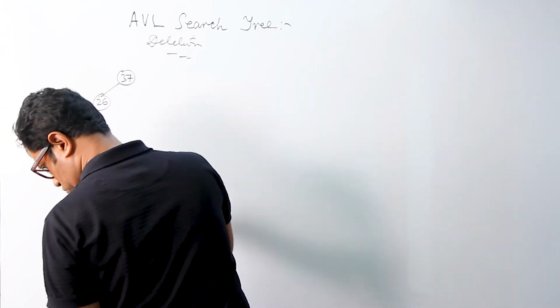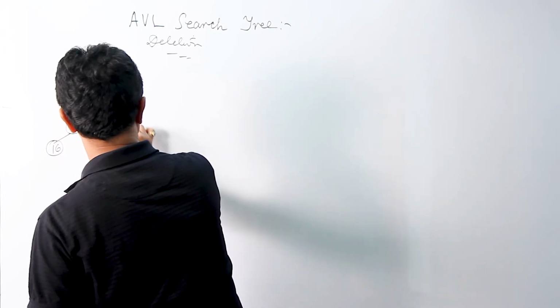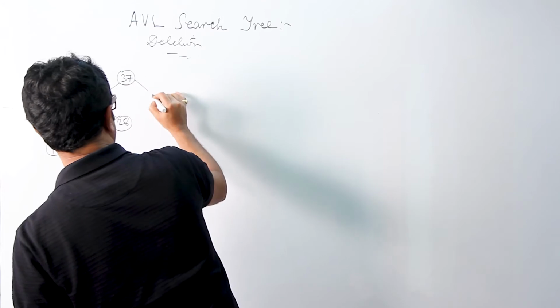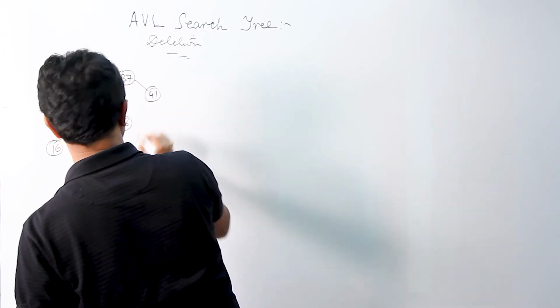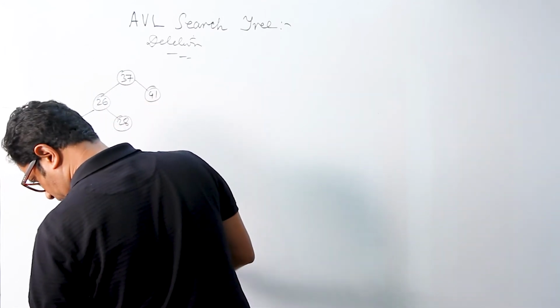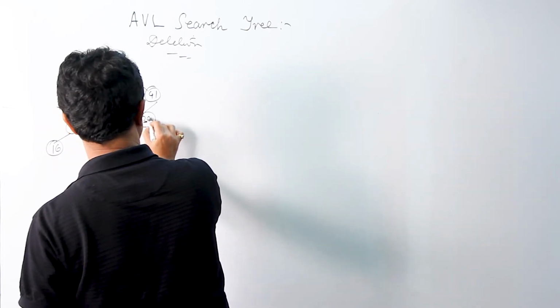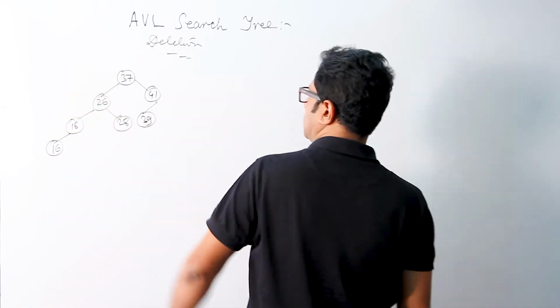And to the right of 26 is 28, and to the right of 37 is 41, and to the left of 41 is 39. So we have taken this example.